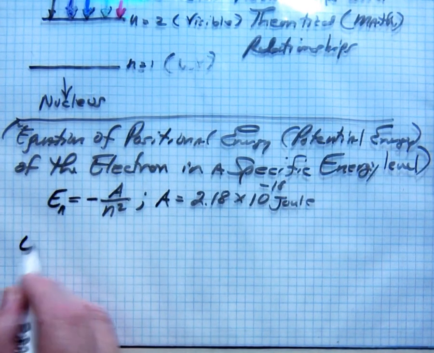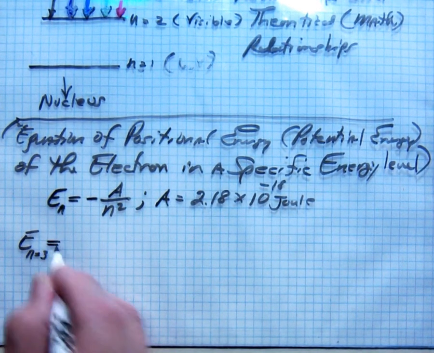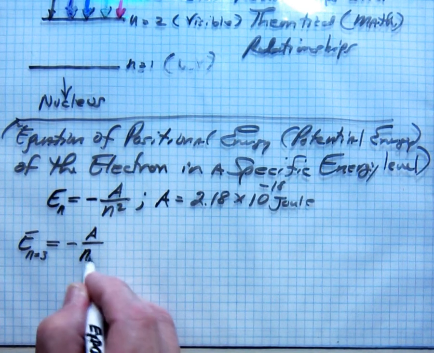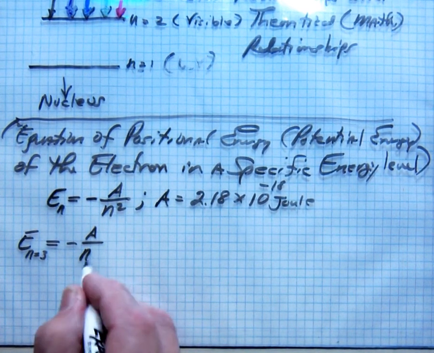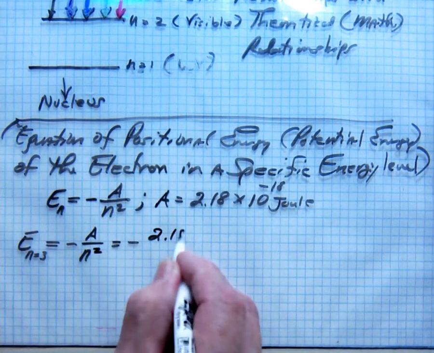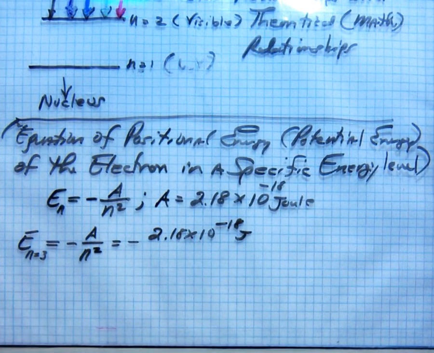We use this equation. So the energy of the electron, n equals 3, is equal to minus A over n squared, which is minus 2.18 times 10 to the minus 18th of a joule over 3 squared.